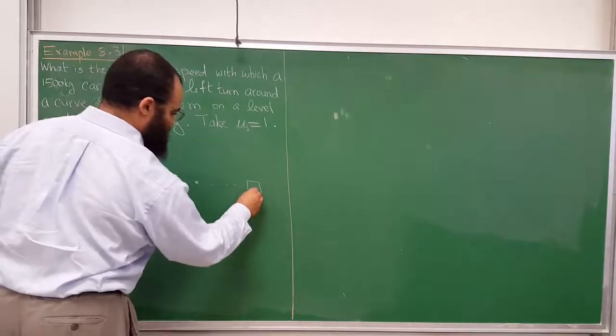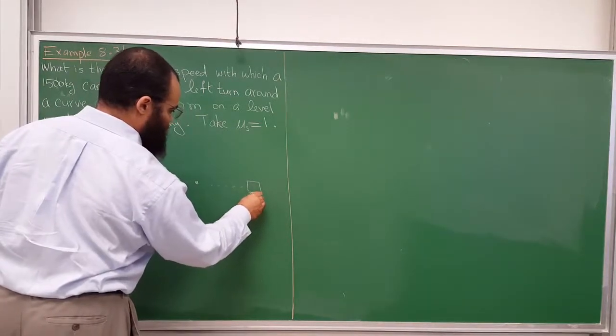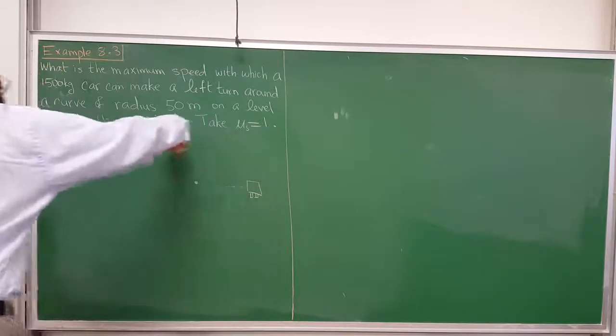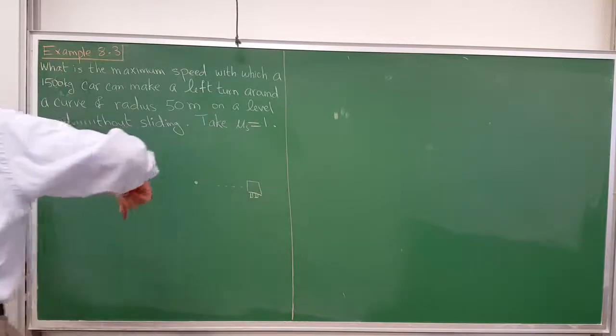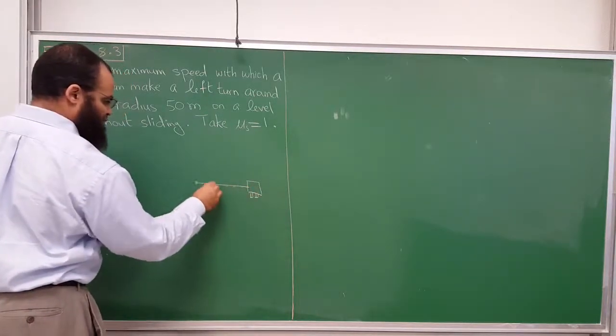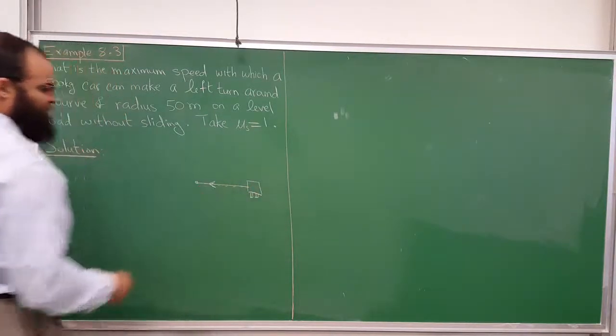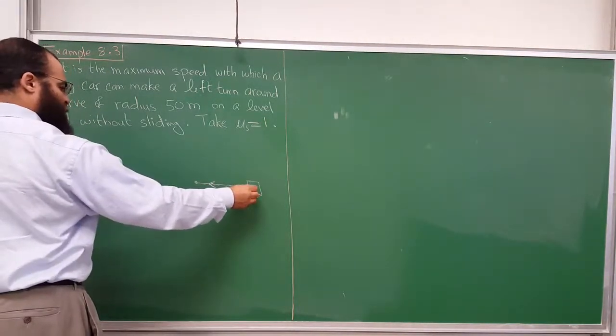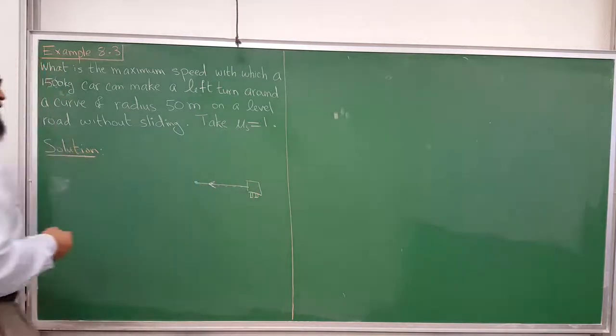Here are the tires of the car, right? Into the board, and going around. So imagine it's going in a circle. So this is the radial direction. That's R, the radial direction. Remember, the radial direction is always from the mass, the particle, to the center of the circle.